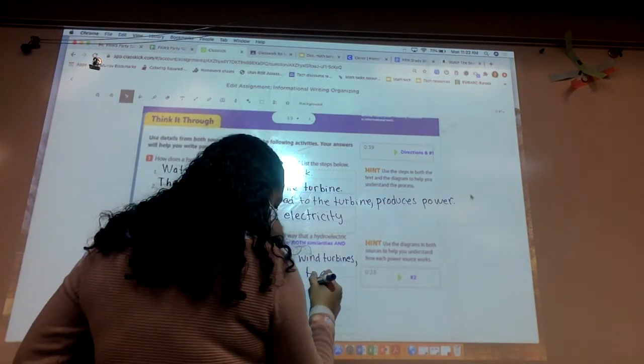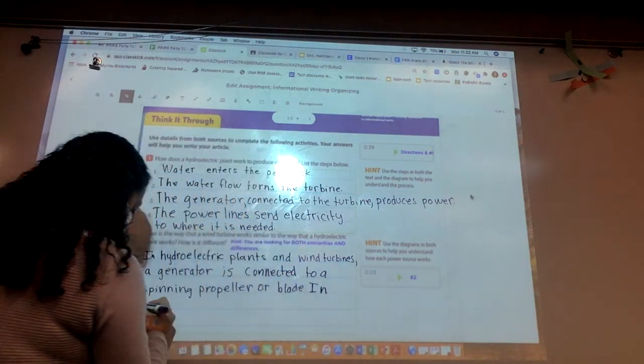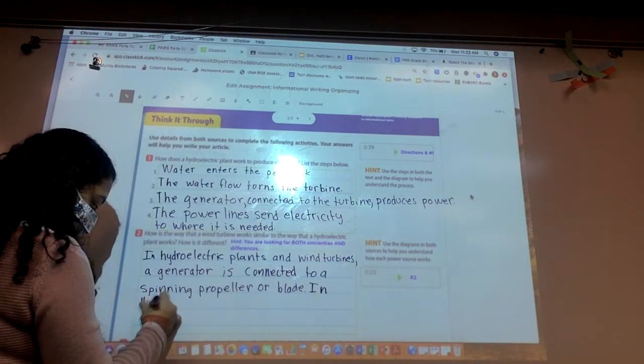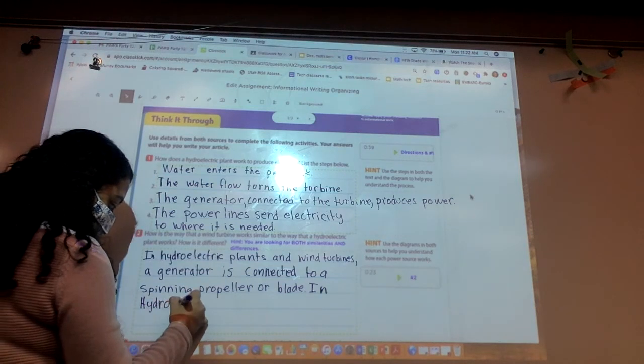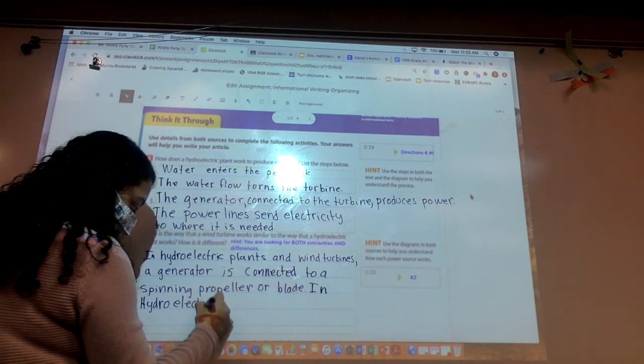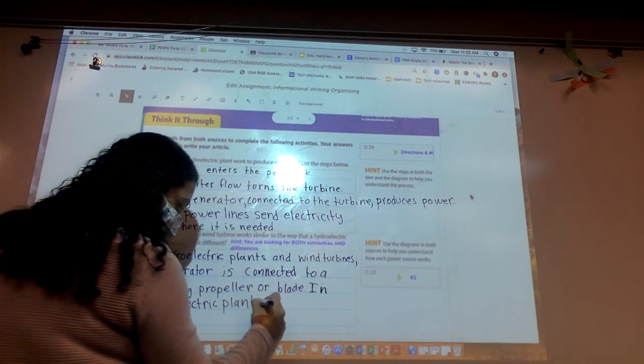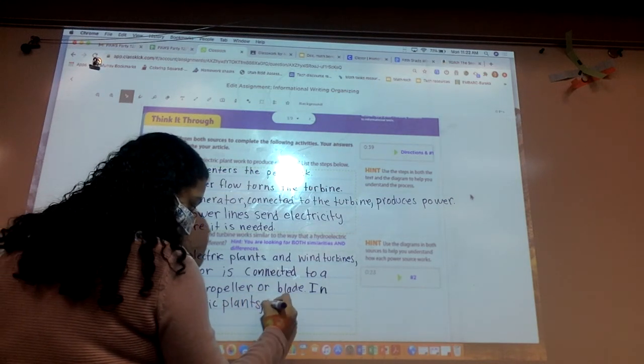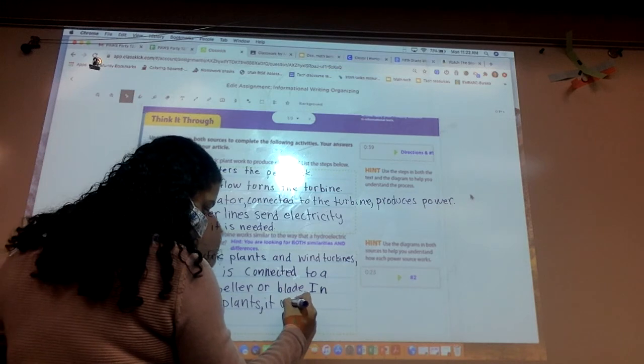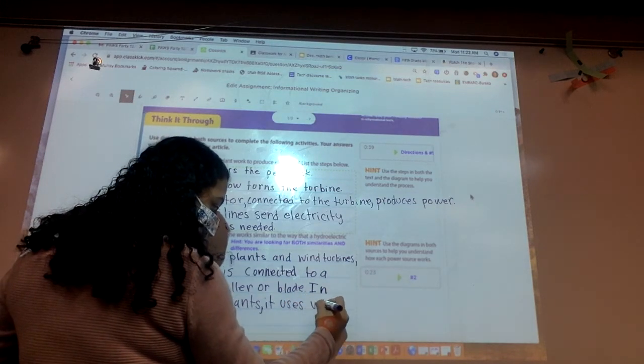So in hydroelectric plants, it uses water.